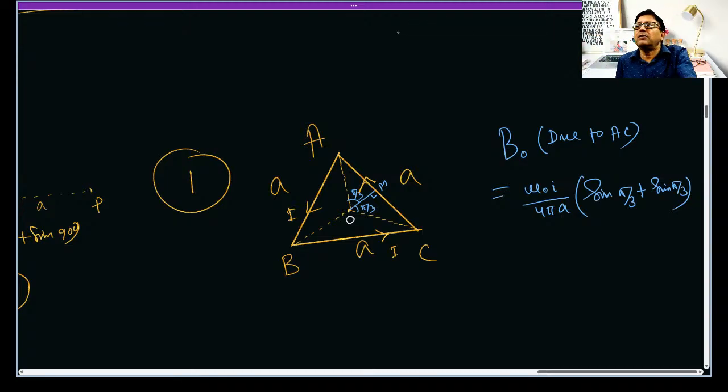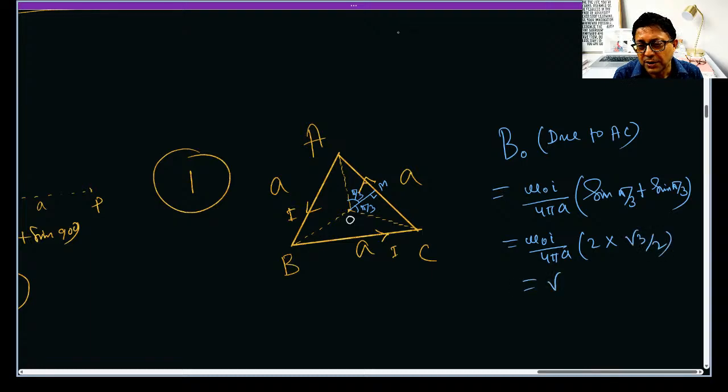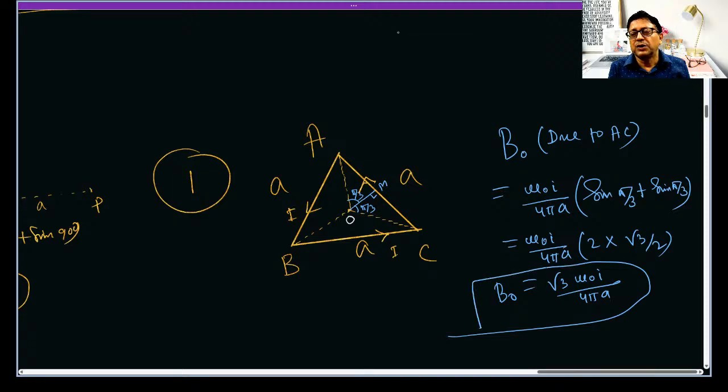No need to consider angle convention over there. Clear? So it will be mu 0 I by 4 pi A, 2 sin pi by 3. So B at O will be root 3 mu 0 I by 4 pi A.